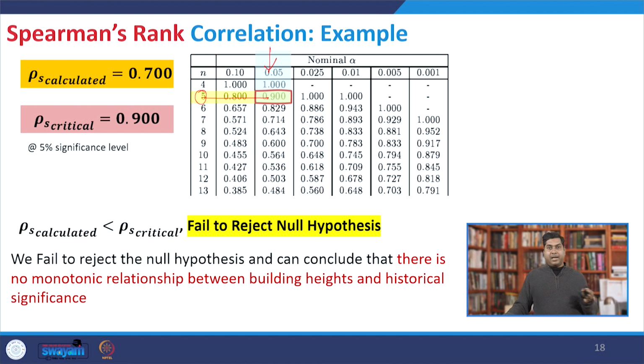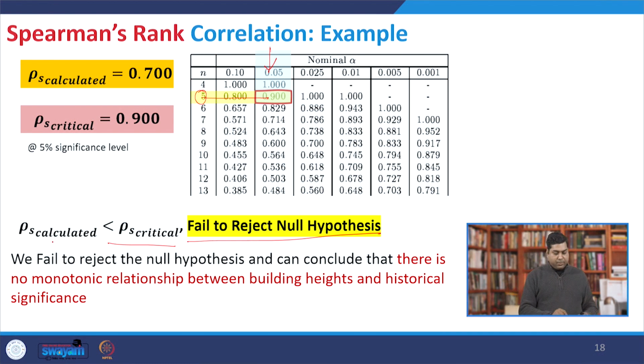Earlier case, our calculated value was 4.5 and it was more than 3.8 that value, but here it is actually less than that. So for such reason, as because it is less than the critical value with given set of observation and the significance level, then we fail to reject null hypothesis.